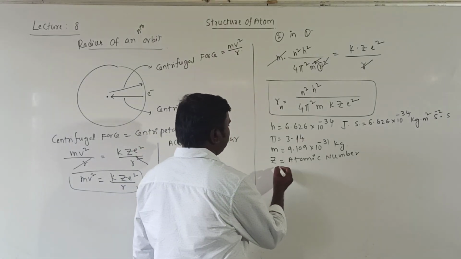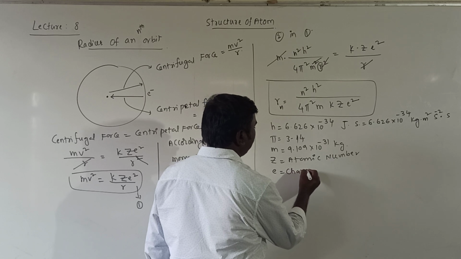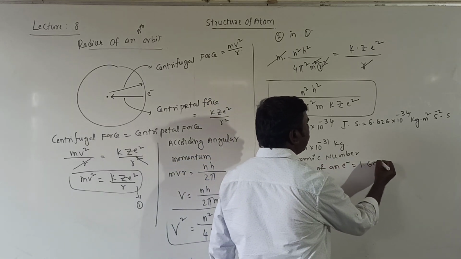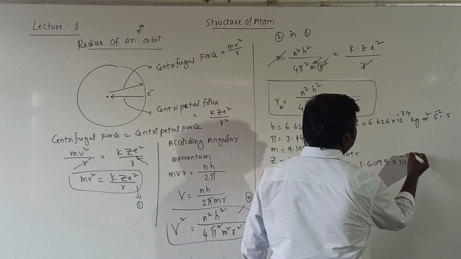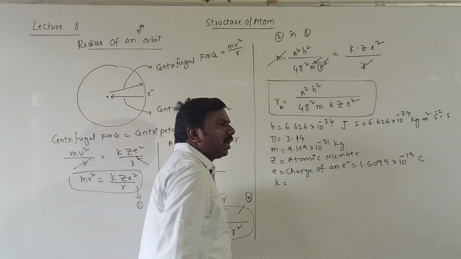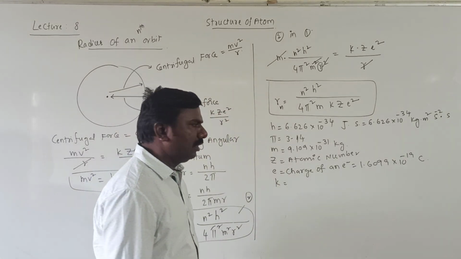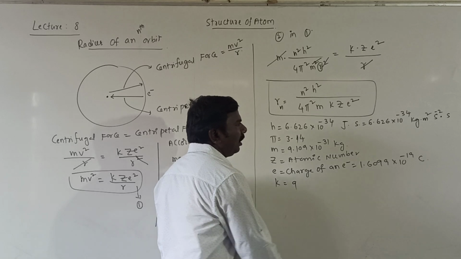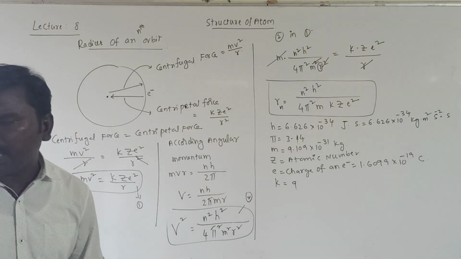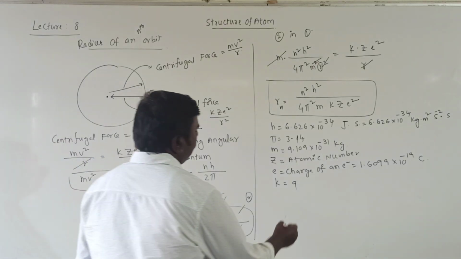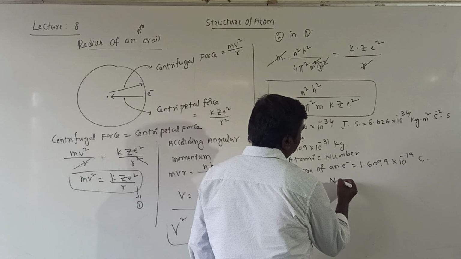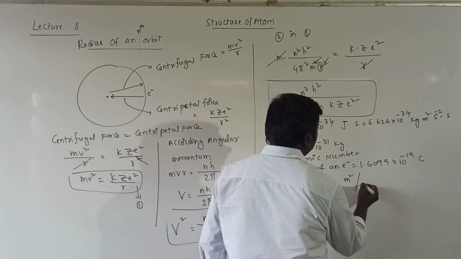Next, e equals the charge of an electron, 1.6 into 10 to the power of minus 19 coulombs. And k equals the proportionality constant, whose value is 9 into 10 to the power of 9 Newton meter square per coulomb square.